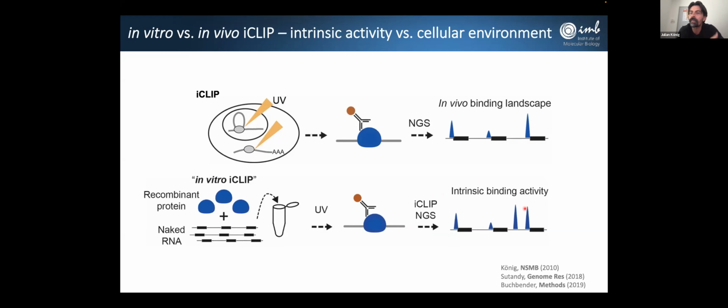So how is the protein binding to RNA if no other cellular factors are around? And then by comparison of this in vivo and in vitro iCLIP, we can learn about how regulation occurs in vivo.